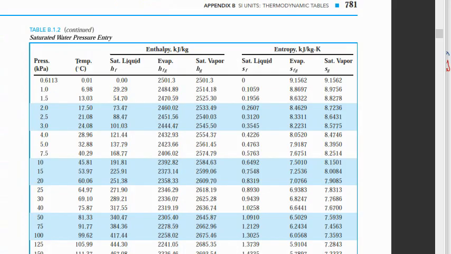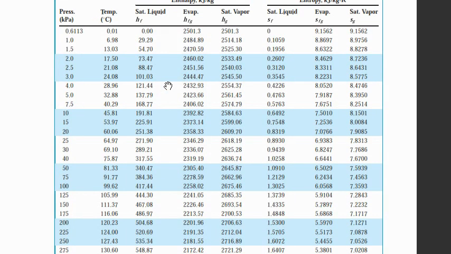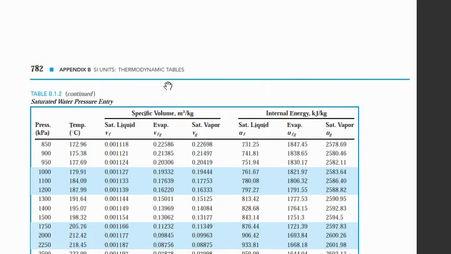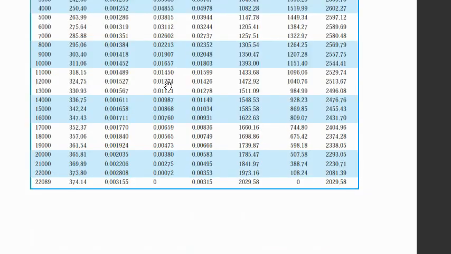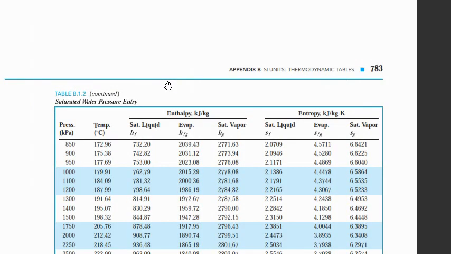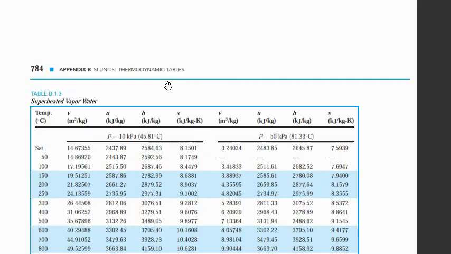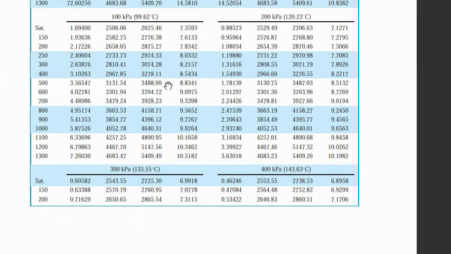So here we are looking for the superheated table. We are looking for the 200 kilopascal state, because in state number 1 and state number 2 the pressure remains constant at 200 kilopascal, and we need to find the specific volume where the temperature is 140.23. Now the 140.23 lies in between the 120.23, which represents the saturated temperature.